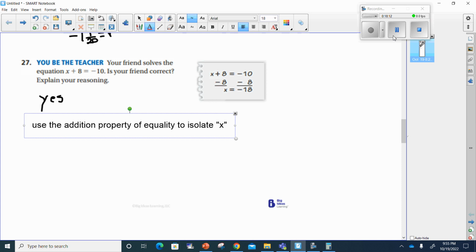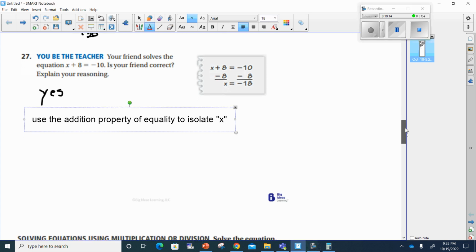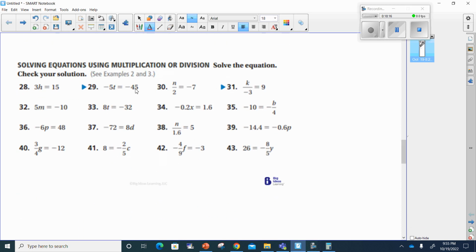All right, let's go down to number 29 now. Solve the equation, check your answer. Well, over here I'm multiplying and dividing. So I see over here that I'm taking negative 5 and multiplying it to t. The only way to get rid of multiplying by negative 5 is to divide by negative 5.